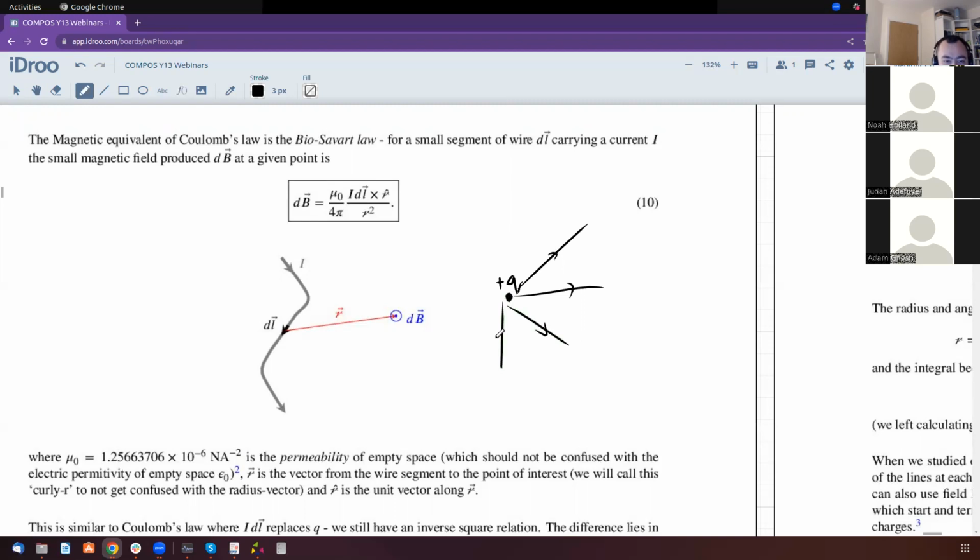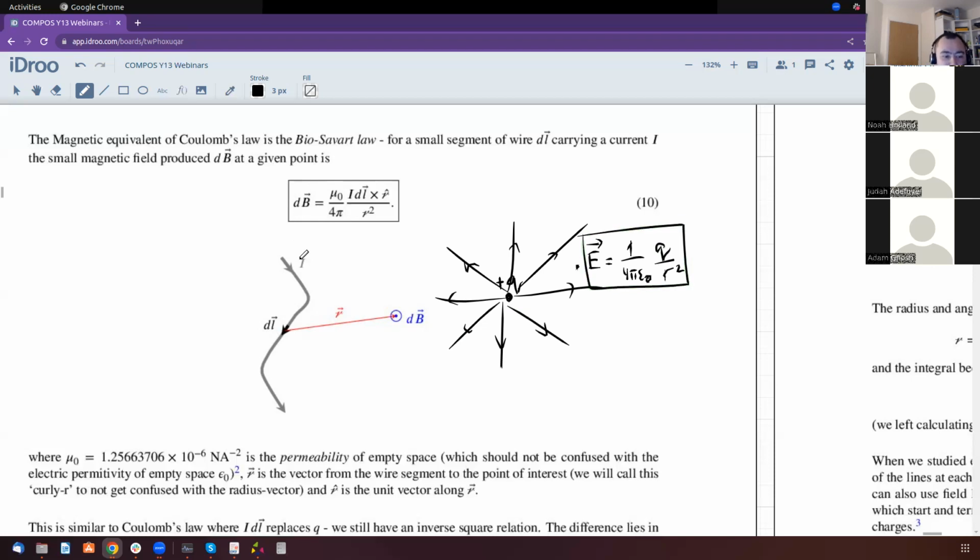To find the electric field at any point, you just need the distance to that point. So the electric field at that point equals 1 over 4 pi epsilon naught multiplied by Q over R squared. This is the electric field created by a point charge.